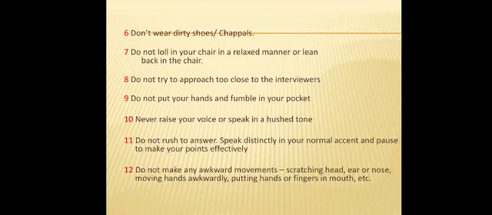Do not try to approach too close to interviewers because it gives a very wrong impression about you. Don't create any kind of acquaintance with them, don't ask for information about their relatives and relations, and don't try to create any influence before them very easily.